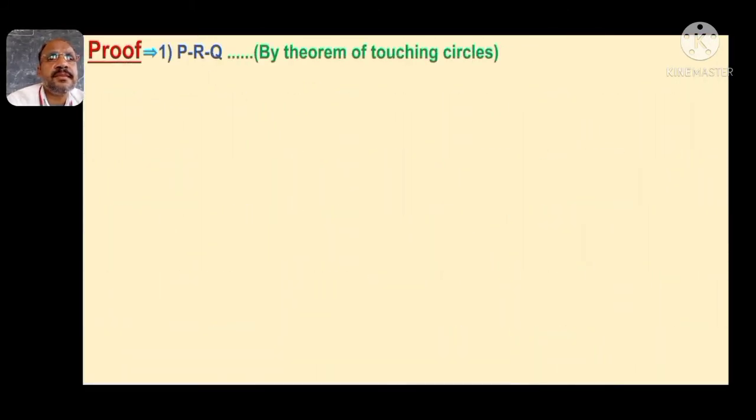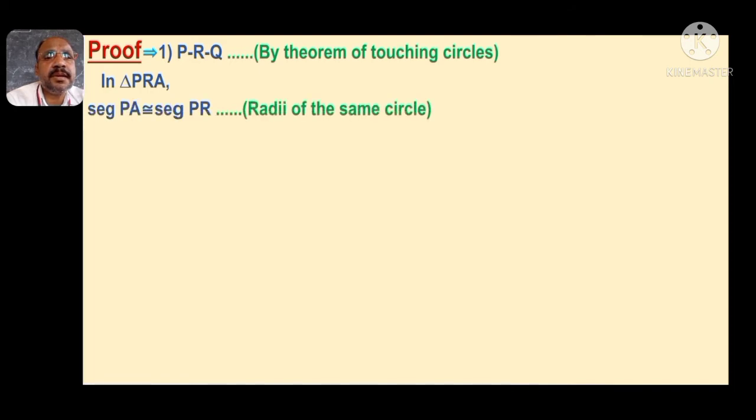Proof. First, P, R, Q are collinear by the theorem of touching circles. In triangle PRA, segment PA is congruent to segment PR, radii of the same circle.